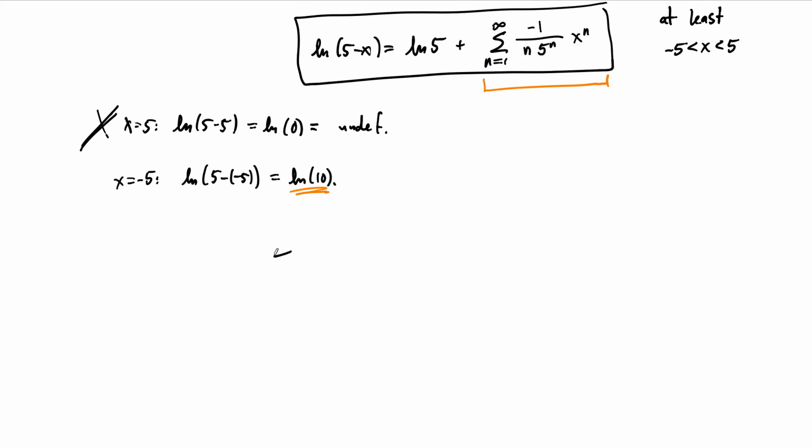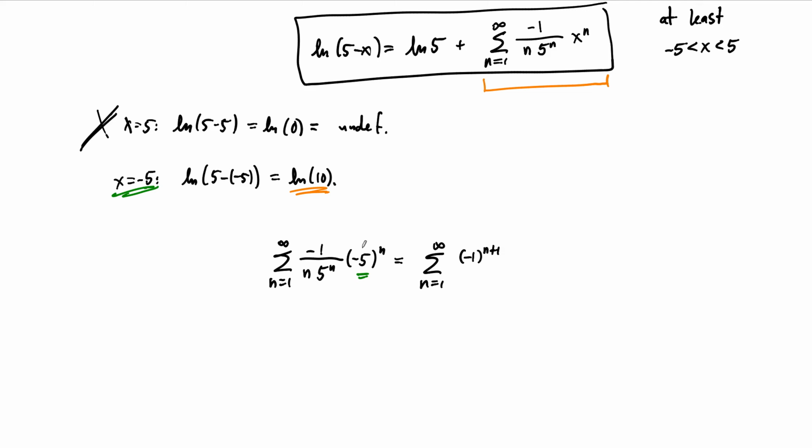So let's find out. If we plug in here a negative 5, we have negative 1 over n times 5 to the n times negative 5 to the n, right? We've plugged in negative 5 for x. And then we just compare. So this is now the sum from 1 to infinity, and this is now going to be negative 1 to the n plus 1.